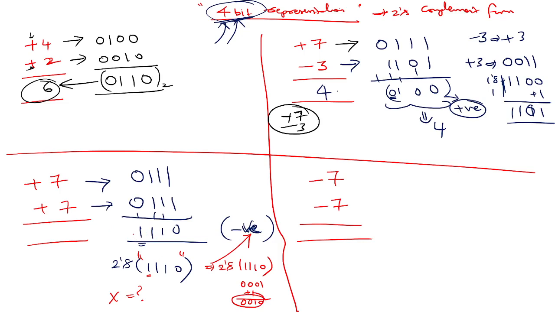So the result, according to our understanding, is minus 2. But according to this, it is plus 14. Everybody knows something is wrong here. Just keep that there.